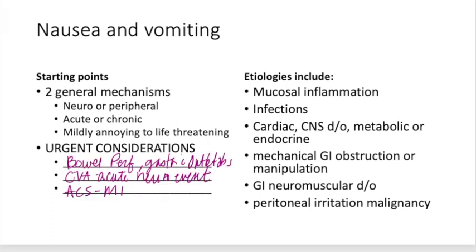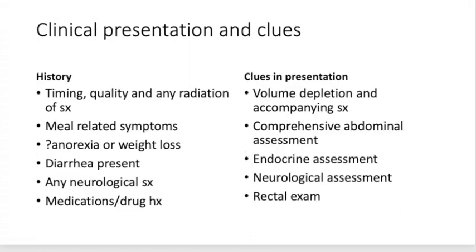So, urgent considerations would include items such as a bowel perforation, gastric outlet obstruction, an acute neurologic event such as stroke, brain abscess, or meningitis, and cardiac issues such as an acute coronary syndrome with unstable angina, and of course, myocardial infarction.